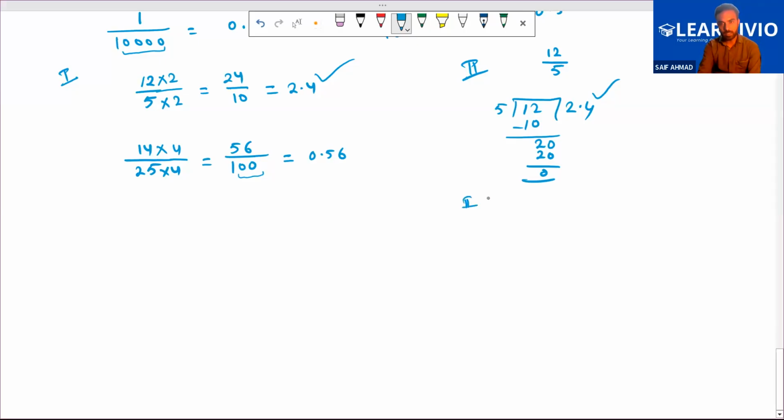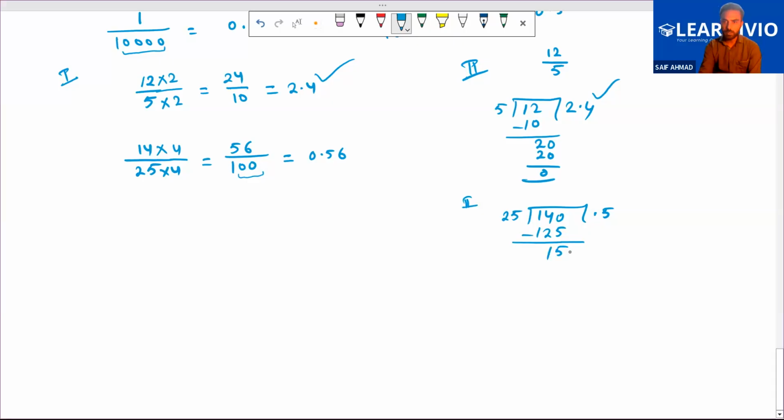How can you do it by the second way? You have to divide 14 by 25 directly. 14 is less than 25, so you can't divide directly. So put a decimal and make it 0. Now 25 times 5 is 125. 10 minus 5, 5. 3 minus 2, 1.